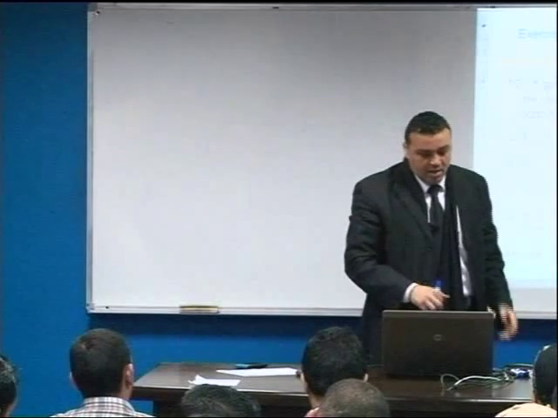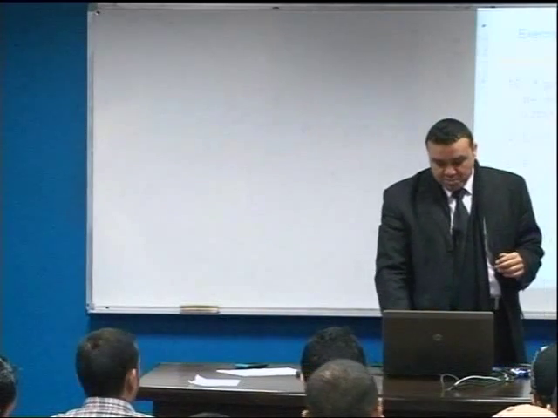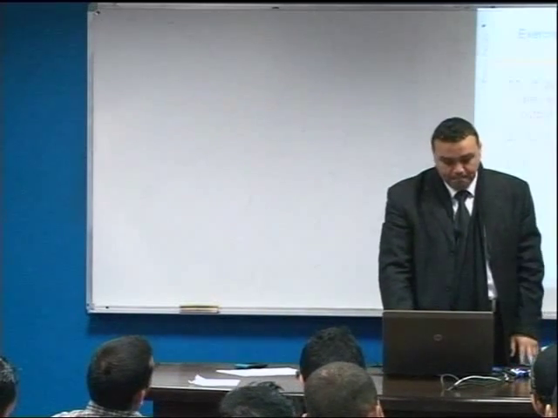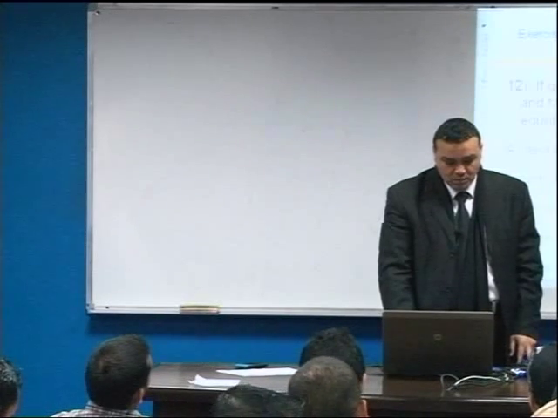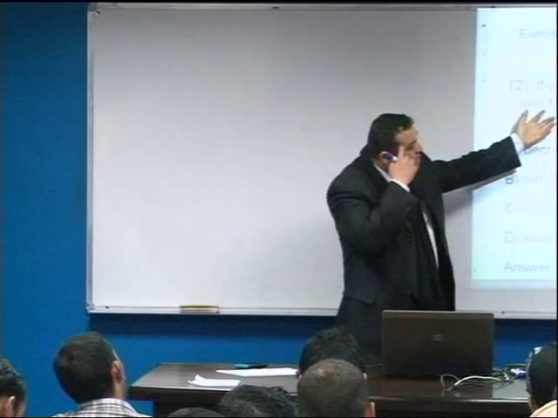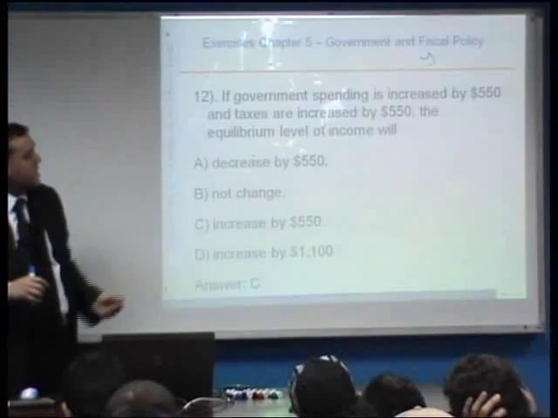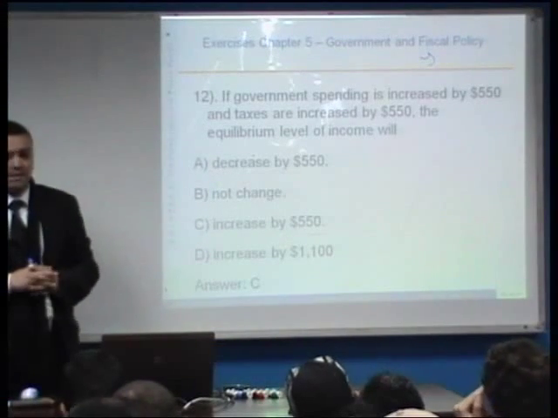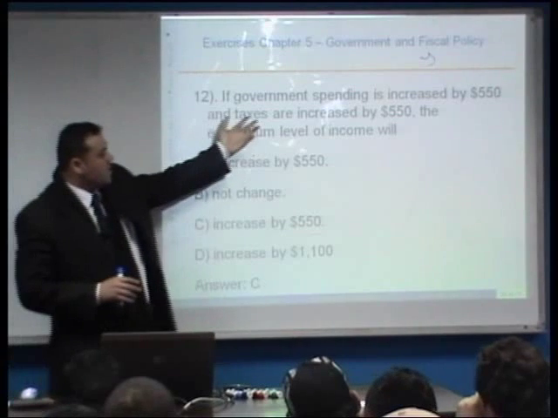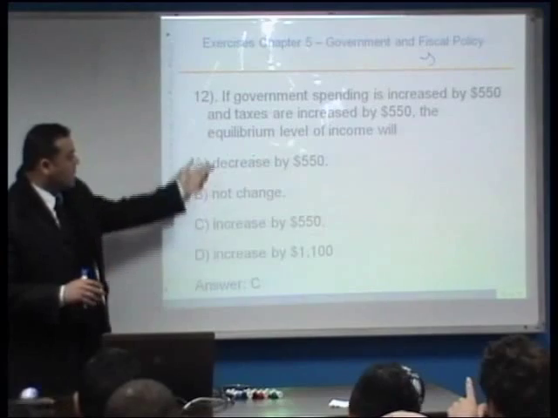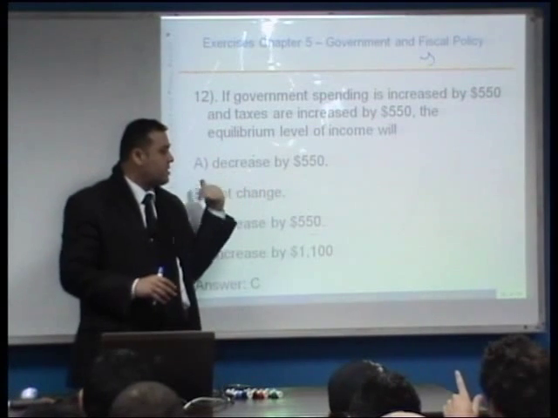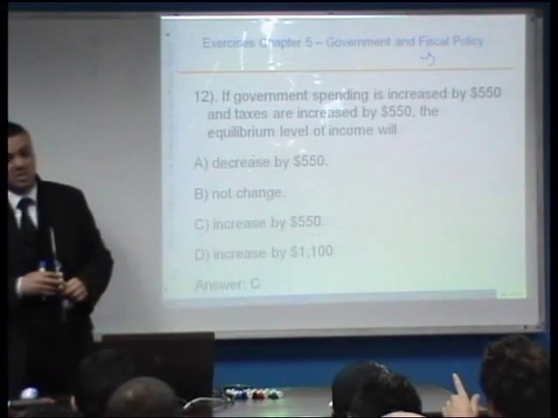Calculate: the output will change by how much? Okay. If the government spending is increased by 550 and taxes are increased by 550, the equilibrium level of income will decrease or increase by how much?